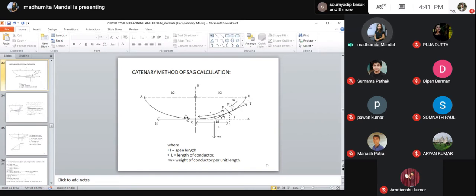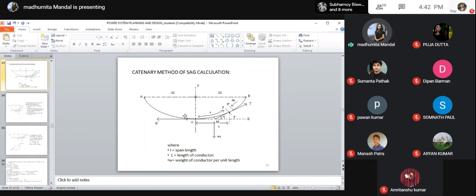Now, as it is hanging freely, it will take a form like this. The span length, that is the horizontal distance between A and B, is say small l, and the conductor length is say capital L. Small w is the weight of the conductor per unit length.